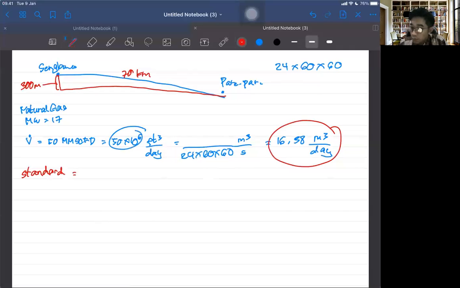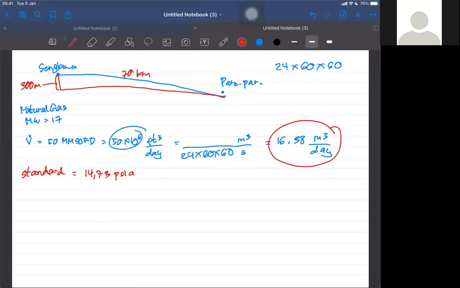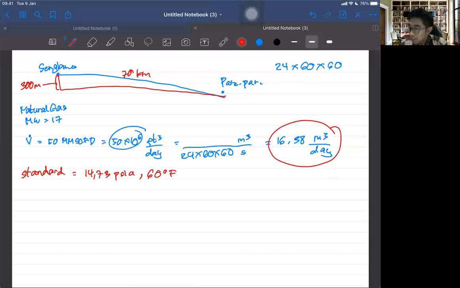It's 14.73 psi absolute, right? And 60 degrees Fahrenheit, sir. Yes. So convert it into Pascal and convert it into Kelvin.